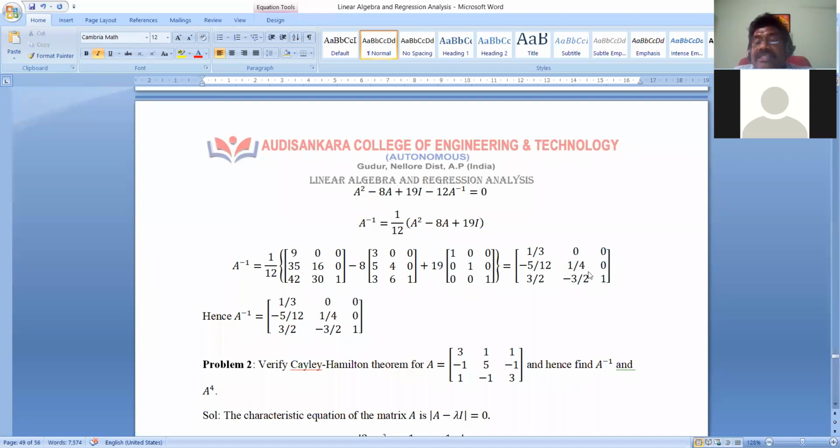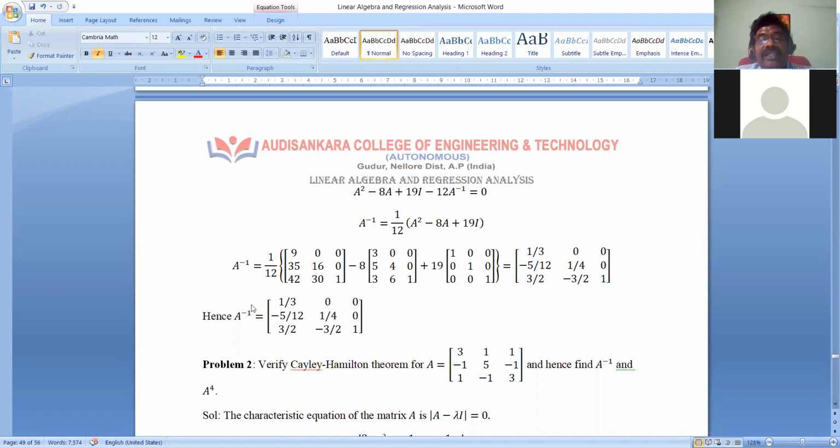That is also minus 3 by 2. Next, 1 minus 8, minus 7 plus 19, 12. 12 by 12, 1. This is the inverse of the given matrix by using the Cayley-Hamilton theorem.